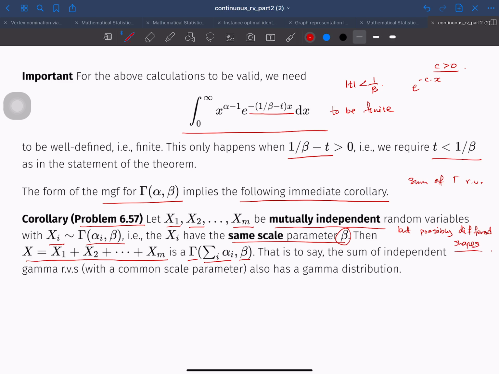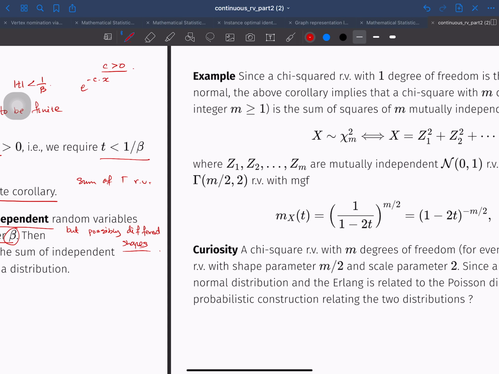So the sum of independent gamma random variables with a common scale also turns out to be gamma. So what this implies is the following nice result.